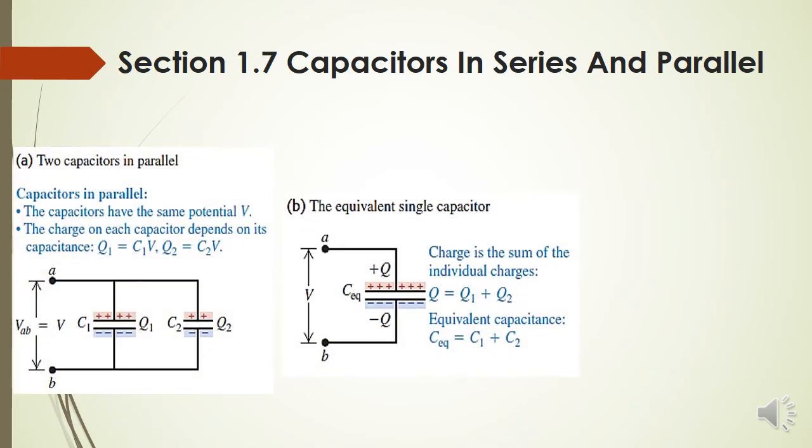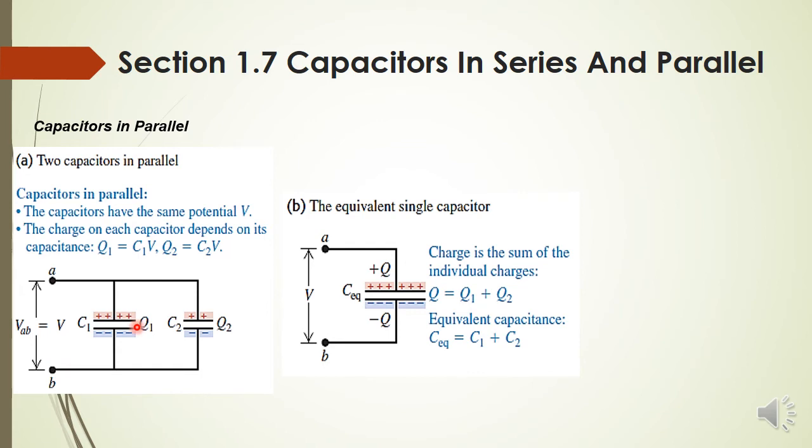This figure is a connection of capacitors in parallel. Two capacitors are connected in parallel between point A and point B. In this case, the upper plates of the two capacitors are connected by conducting wires to form an equipotential surface.